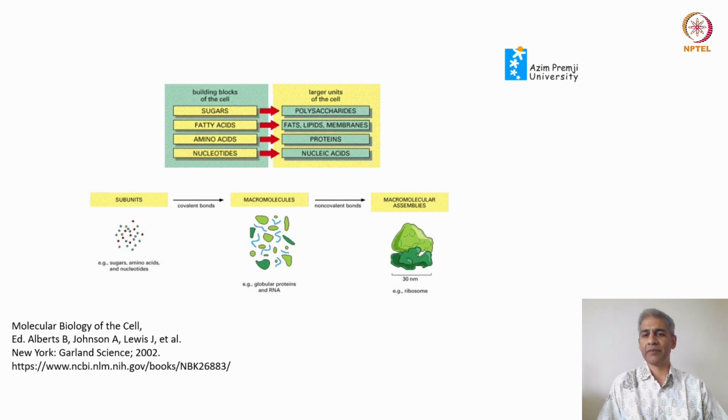And you can see that the ribosome is a fairly large assembly. It can be up to 30 nanometers in size, which is quite large on the scale of a molecule. So this is one theme that we need to be aware of when we look at biomolecules and cells, which is the building up of structure, starting from small to large.